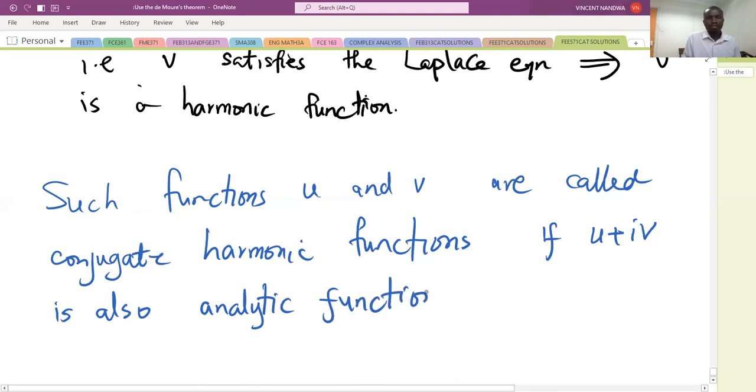The idea, or simply what we mean, is that conjugate harmonic functions are functions which are harmonic and at the same time satisfy the Cauchy-Riemann equations. So that's how we're supposed to prove the given result in the problem.